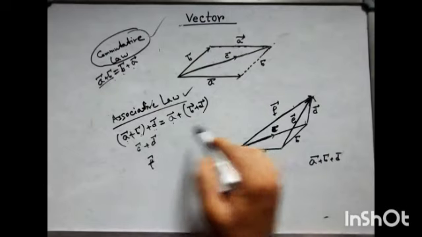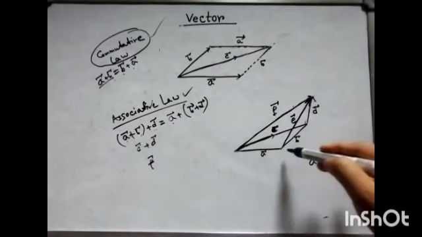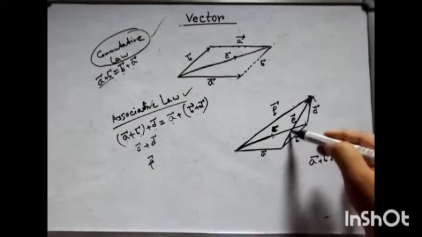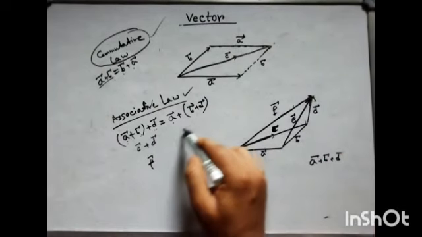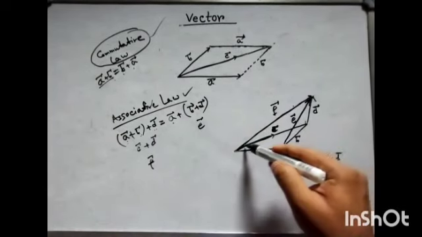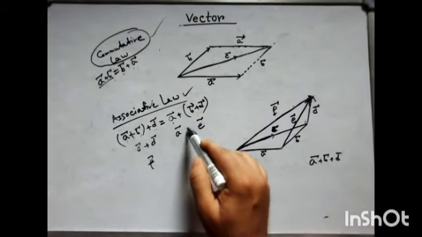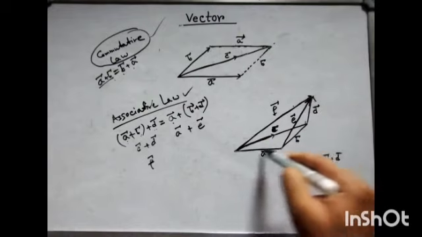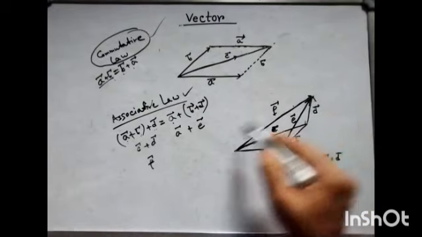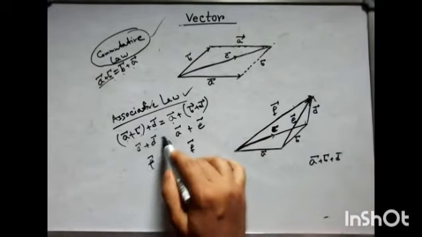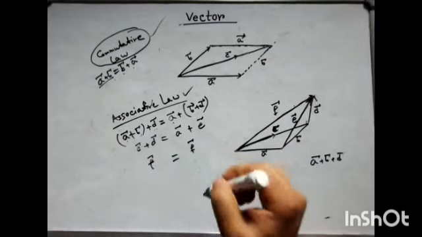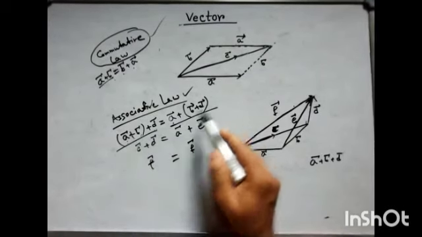And another one added b vector and d vector first, and he got e vector, and then added a vector with it. So a vector and e vector will give you the same result as f vector. So these two are same.